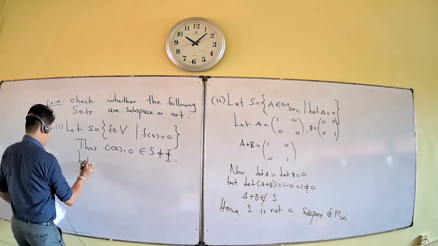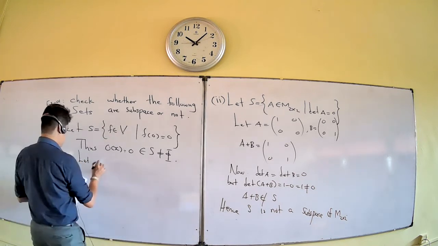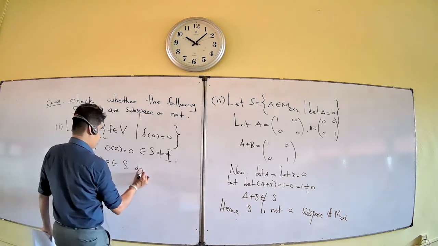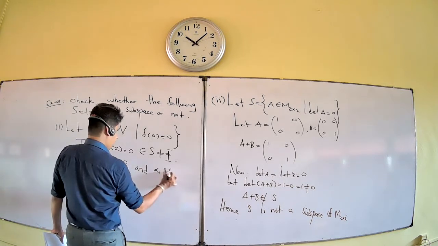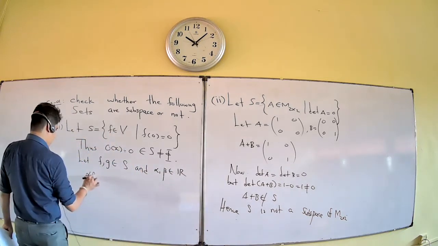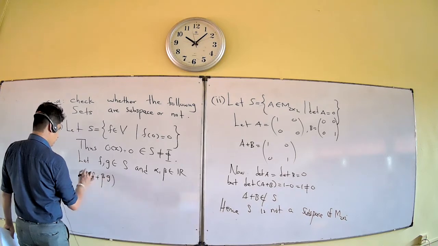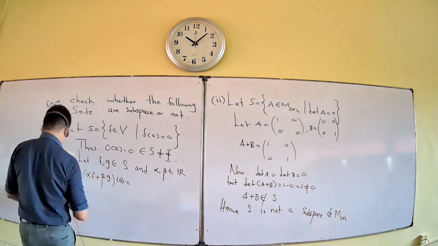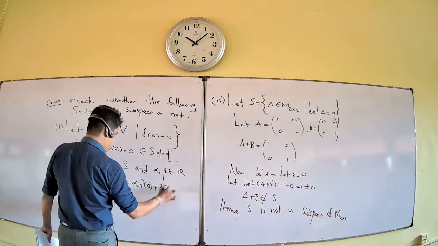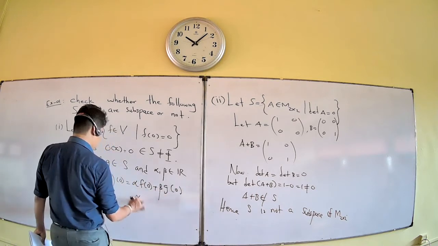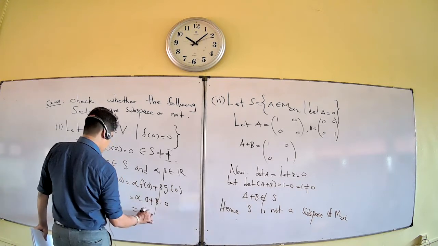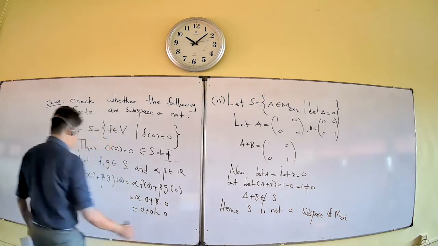Next, you take two vectors, that means f, g belong to S, and two scalars alpha, beta belong to the reals. Consider alpha f plus beta g at 0. It is alpha times f of 0 plus beta times g of 0. So this is alpha times 0 plus beta times 0, which is 0 plus 0, 0.